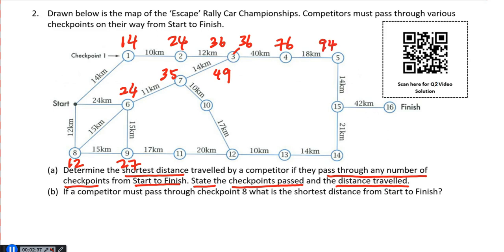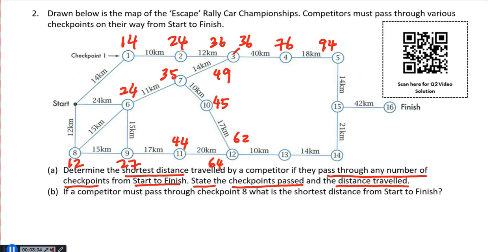Let's look at other alternatives. 27 plus 17 is 44 here. And then 44 plus 20 is basically 64. We'll look at other possibilities. Up to here is 35. 35 plus 10 is 45. 45 plus 17 is 62.